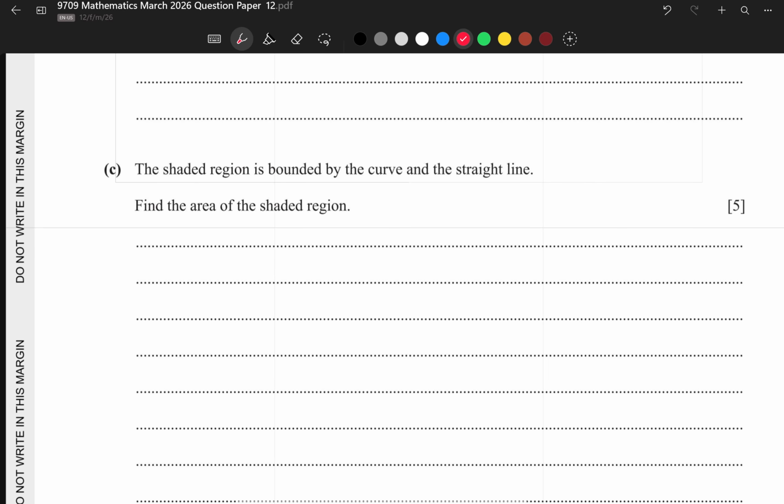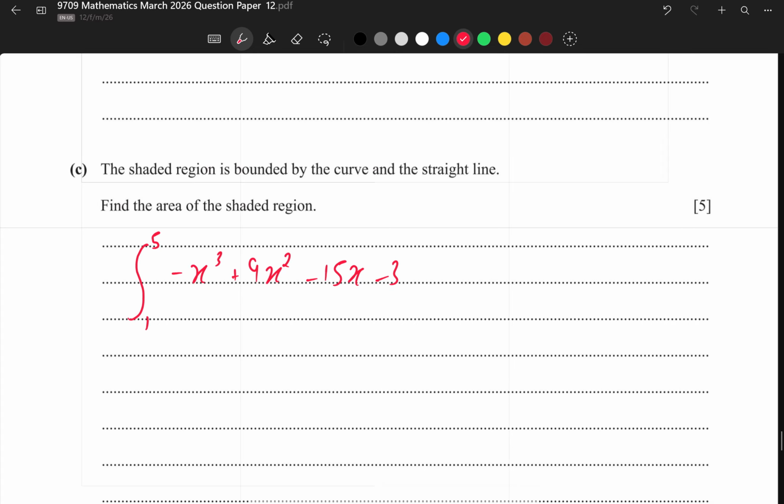So let's integrate from the limits 1 to 5, which are the stationary points, -x³ + 9x² - 15x - 3, and now we have to subtract the equation of the line, 8x - 18, so - 8x + 18.